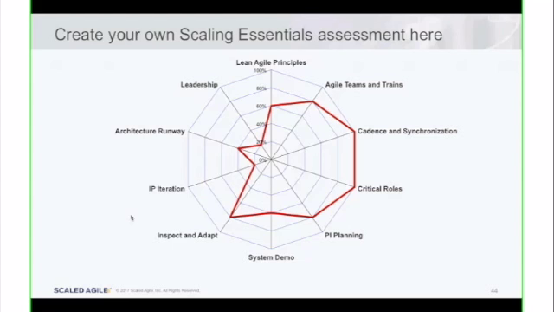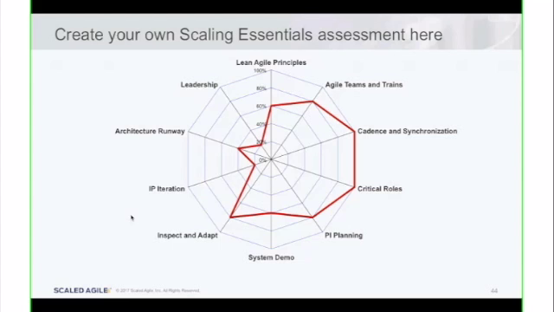We need to focus on creating that Lean Agile leadership group, center of excellence. We need to resurrect our IP iteration, and we're also not doing too well in those system demos. So if you have Agile coaches, if you have managers that are acting as coaches, this is great information for them to see where they need to focus.